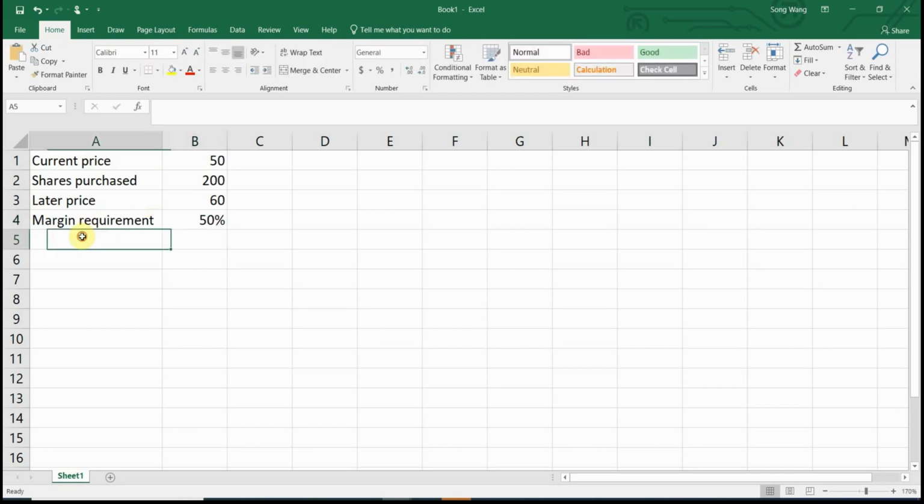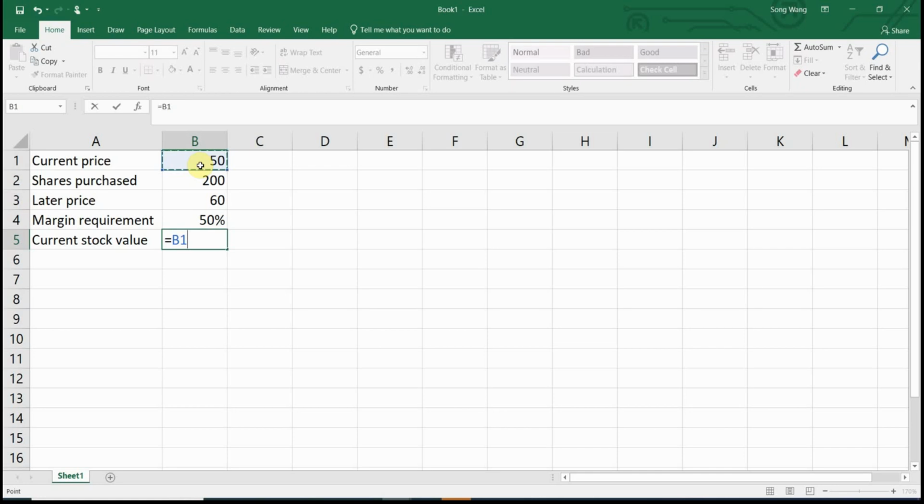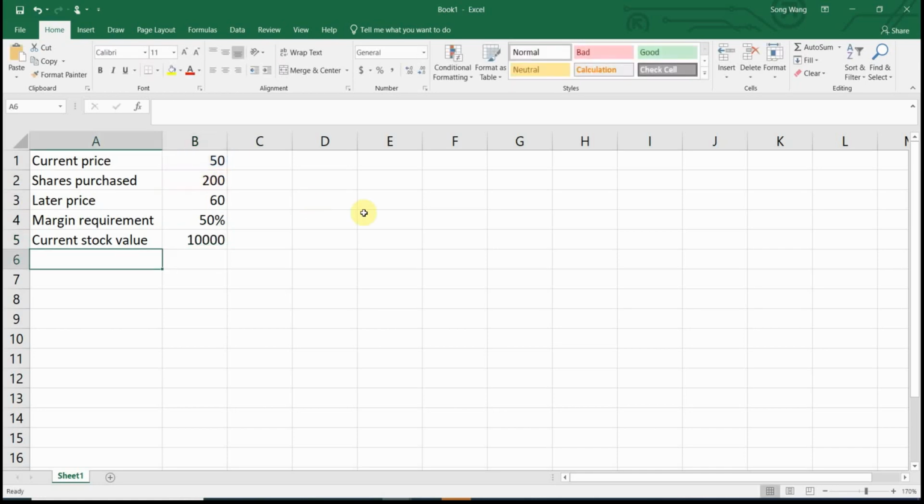All right, so your total current stock value, you can do a calculation. That's $50 times 200 shares purchased, and then fund borrowed and own equity at the start.